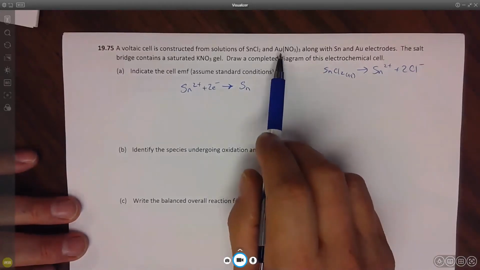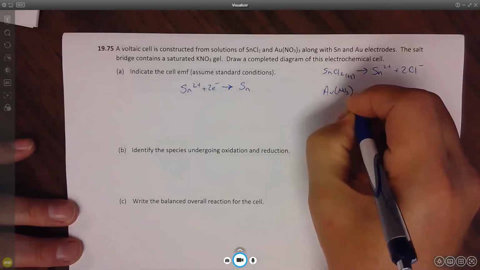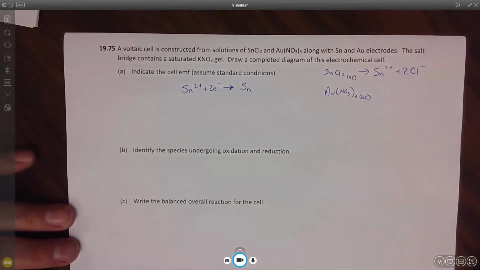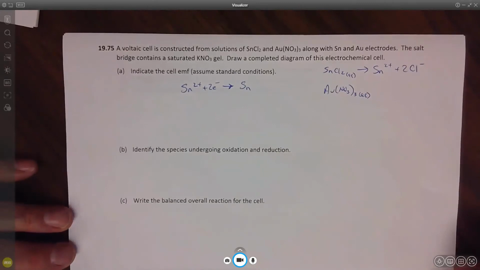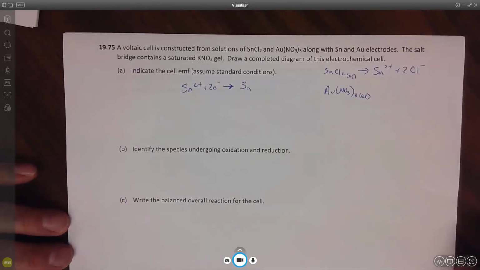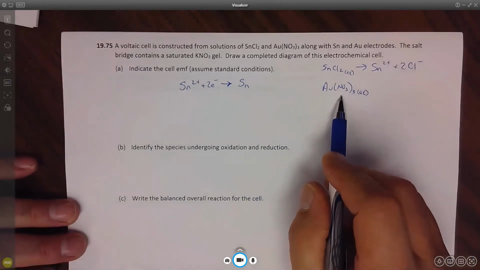Well, what's going to happen to the gold 3 nitrate? Taylor, what do you think? Yeah, I think we lost Katrin. I think she froze. Is it going to dissociate as well? Well, according to the solubility rules, what happens to nitrates?